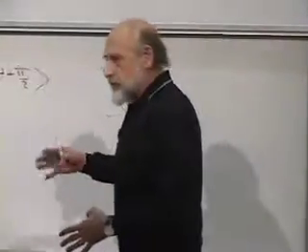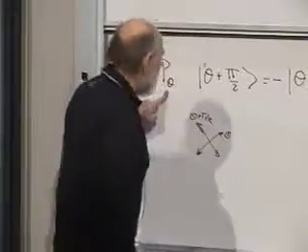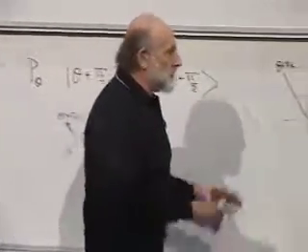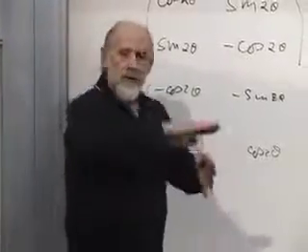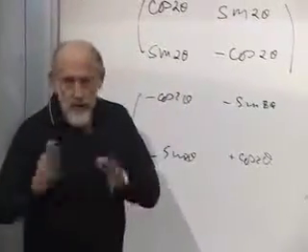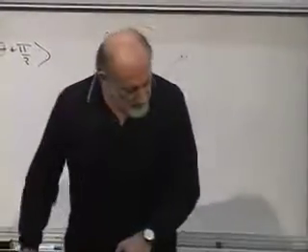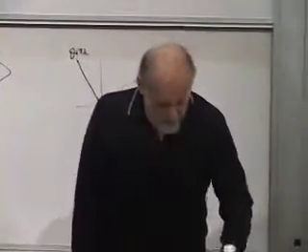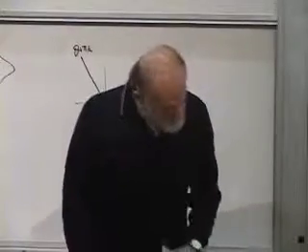The observable for theta has eigenvalues +1 and -1 for the two states. The observable rotated 90 degrees just interchanges the plus sign and the minus sign. So that also makes sense.